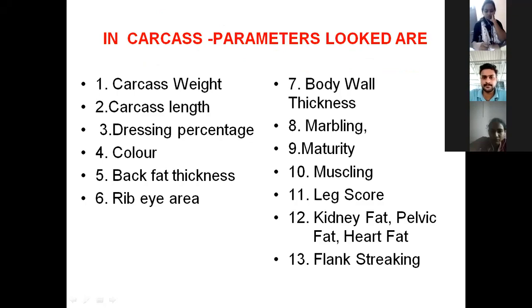Coming to the carcass grading, once I have talked about the live animal, next we are going with the carcass. How to grade the carcass?